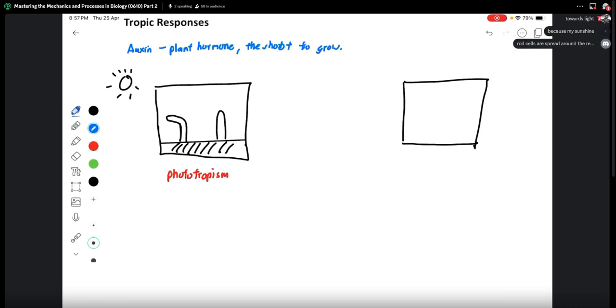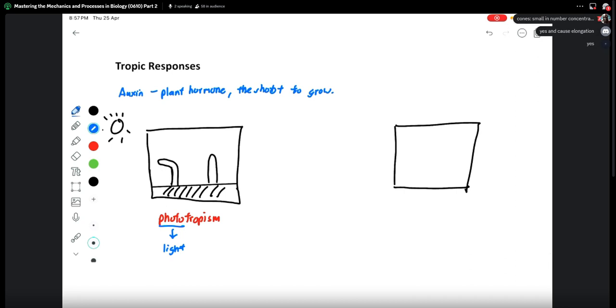Photo in the Latin word means light. And you know the source of light is coming from the sun. So this causes the elongation and the shoot will go based on where the sunlight is located.